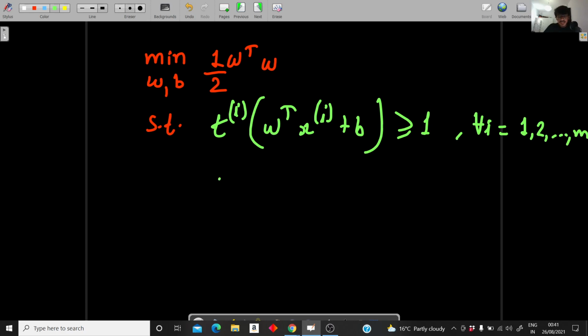And this is nothing but the hard margin linear SVM. Note that my data is linearly separable right now.